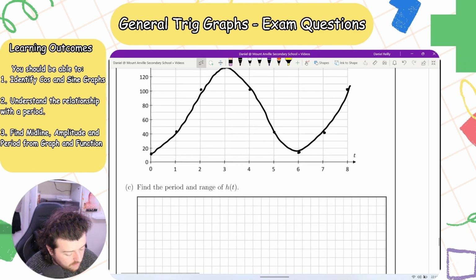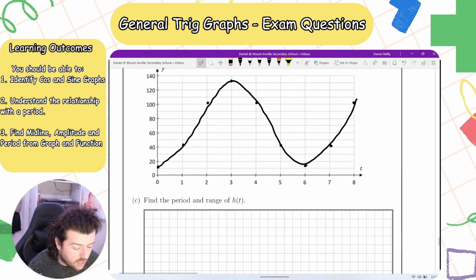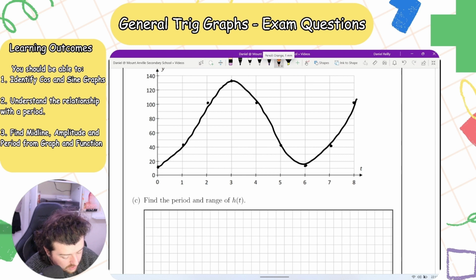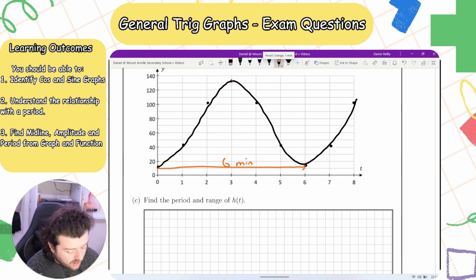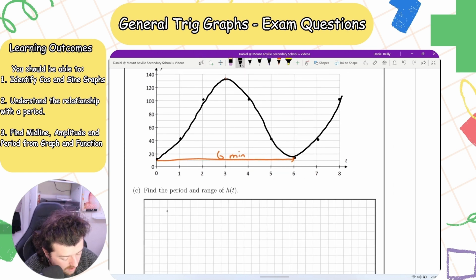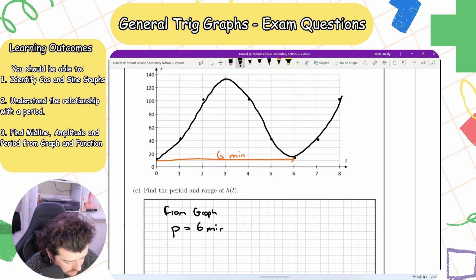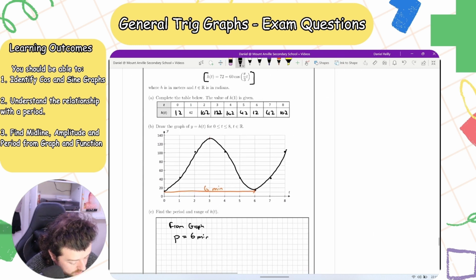So we can use my graph, or we can use my function. If you want to use your graph, you can see here the cycle repeats itself every 6 minutes, right? So minimum, maximum, the cycle is repeating every 6 minutes. So from the graph, period is equal to 6 minutes, or if you want to use the function, period is equal to 2 pi divided by c.